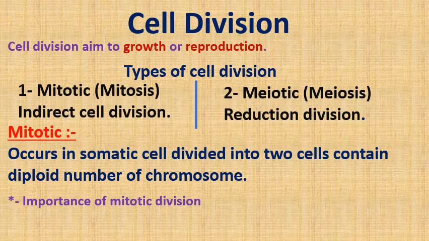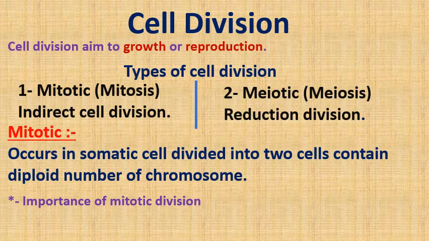If I have a damaged cell, for example in your skin cell, the mitotic division helps to compensate this damaged part by cell division. Each cell divided into 2 new cells and compensate the damaged part. Okay.